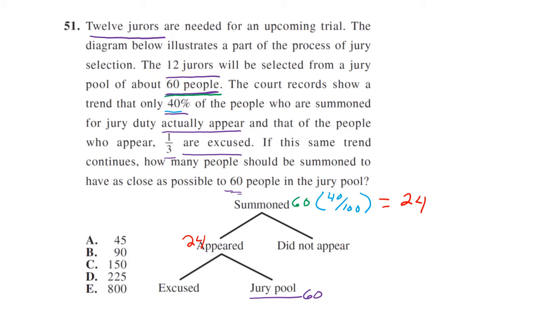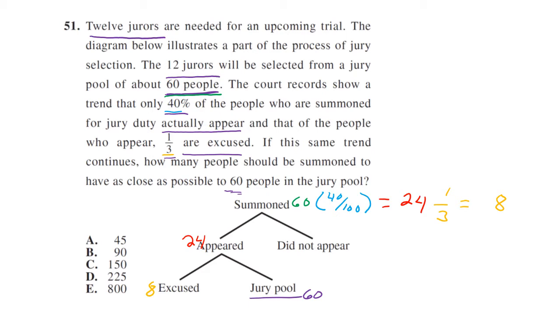And of those, 1/3 are excused. So 1/3 of 24, or 24 times 1/3, equals 8. So 8 are excused.